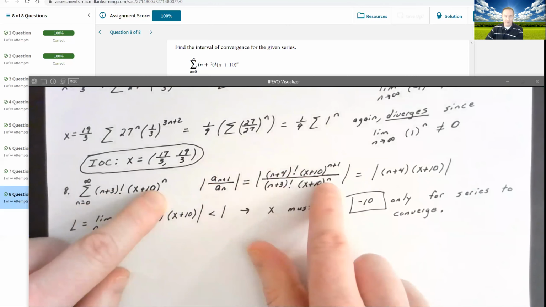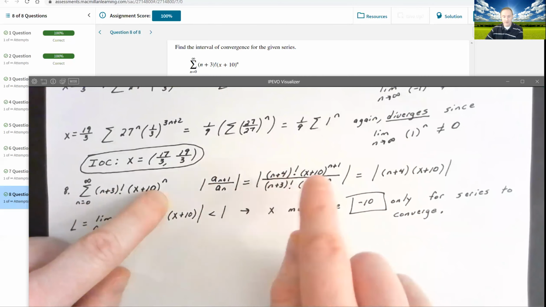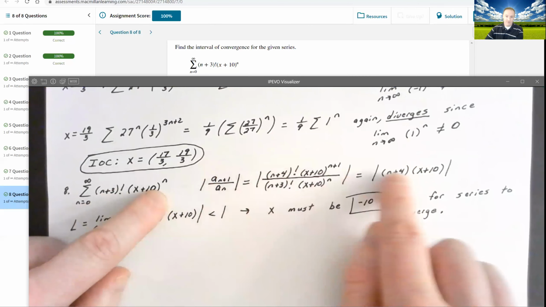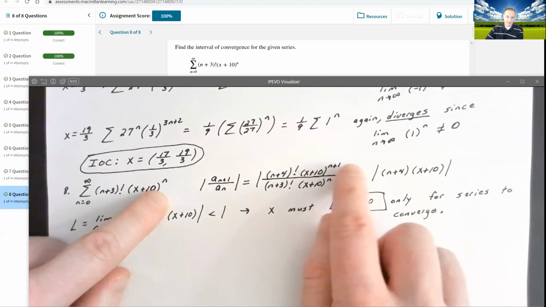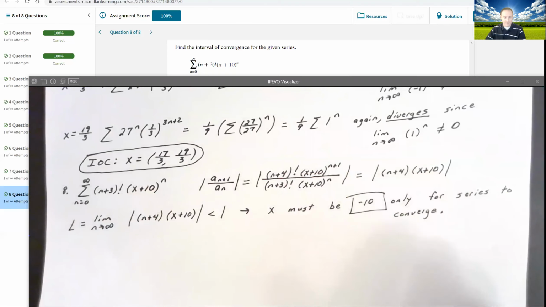Divide that by a sub n, and you'll see, well, (n plus 4) factorial just means (n plus 4) times (n plus 3) factorial. So the (n plus 3) factorial cancels out except for the factor of n plus 4 itself. Similarly, the (x plus 10) to the nth cancels with all of these terms except for 1, and you'll have the factor of x plus 10.